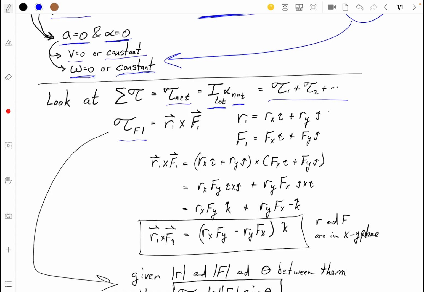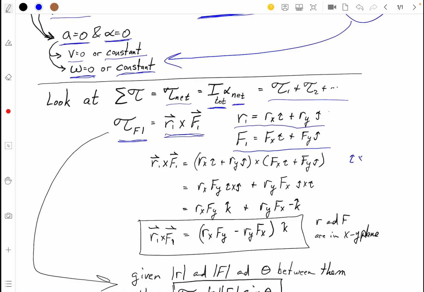We could take the torque of force 1. Well, that would be R cross F. Easy. If we say that R1 is equal to this, and our F is equal to this, then we can do the cross product. And in the cross product, we did this last time.